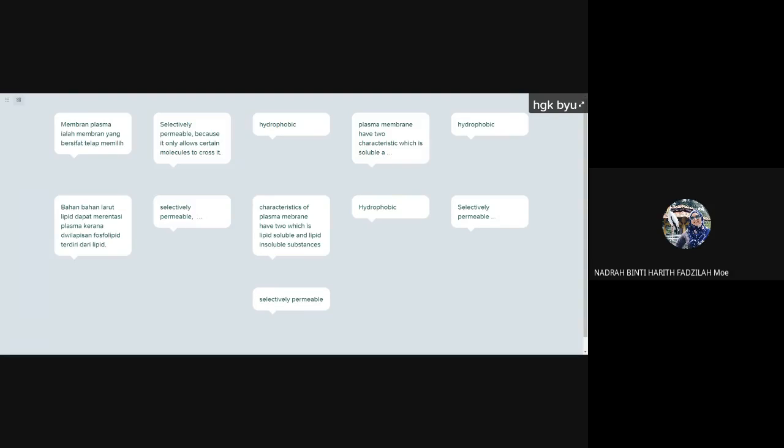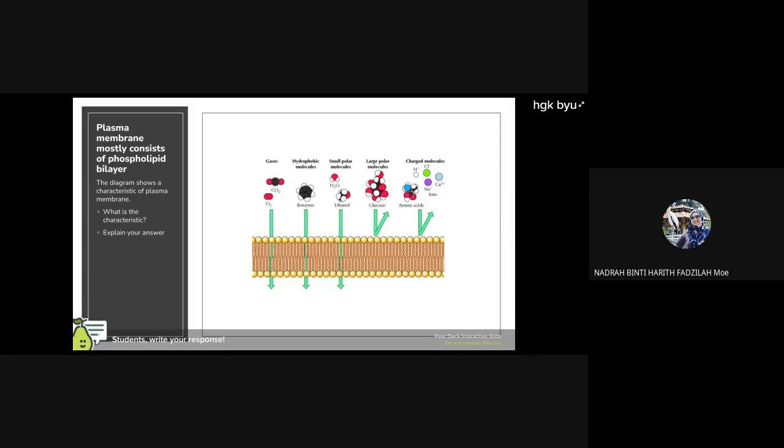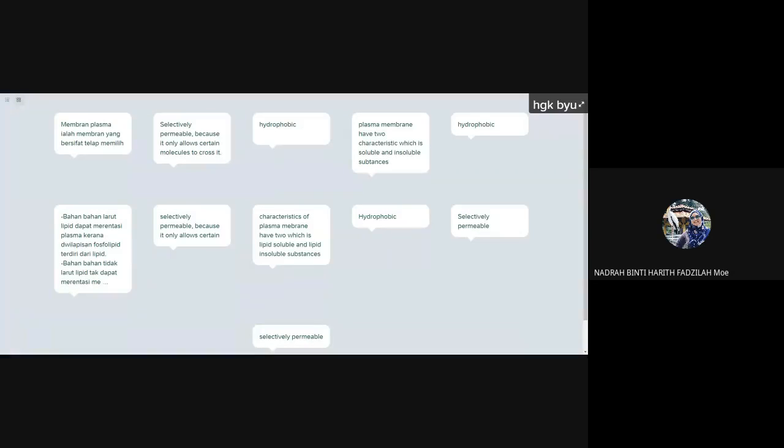Point 2, cuba tengok diagram semula. Let's see the diagram. You can see here, kenapa? Apakah ciri-ciri gases, hydrophobic molecules, small polar molecules compared to large polar molecules and charged molecules? What differentiates between the two groups? Okay.